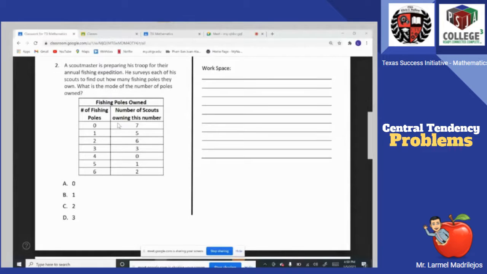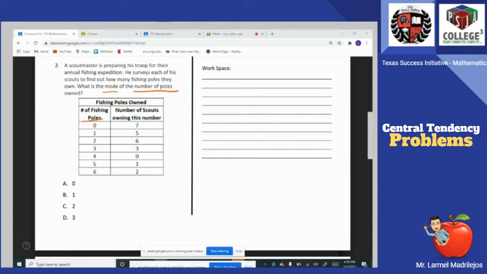A scoutmaster is preparing his troop for an annual fishing expedition. He surveys each of his scouts to find how many fishing poles they own. What is the mode of the number of poles owned? So, mode. What's mode? The most represented number.